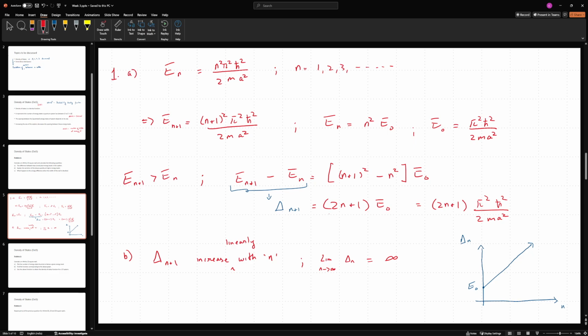So at very high energies, not very high levels, I mean they are interchangeable, the spacing between two energy levels is very large. So this is part B done.